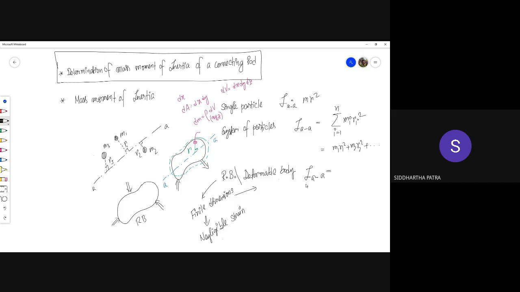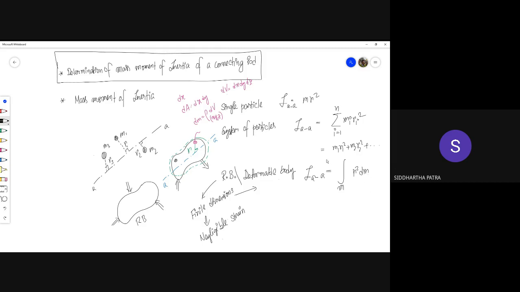So the mass moment of inertia is defined with an integration, which is r squared dm, and that integration you are supposed to perform all over the body. So take different differential mass elements everywhere, and for every such mass element, get the r, do r squared, multiply with dm, and add them up.